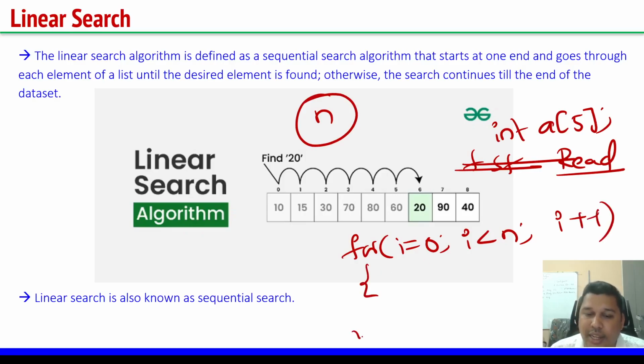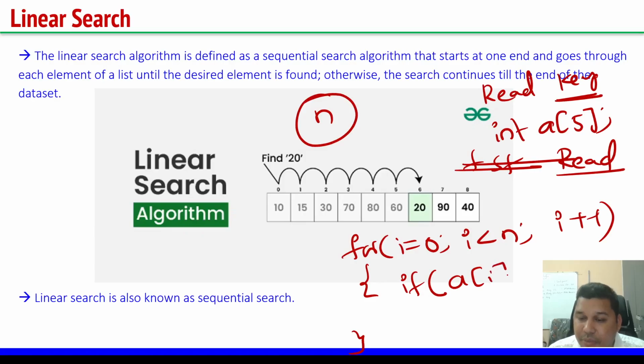Inside the brackets you write an if, and you have to read the key also, the element which you want to search. If a of i, the first time a of 0, is equal to key, meaning the element is found, you print or return the index i.